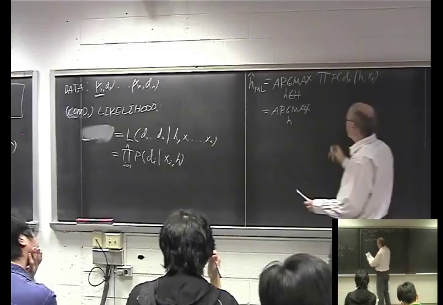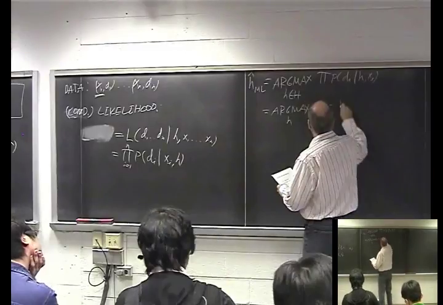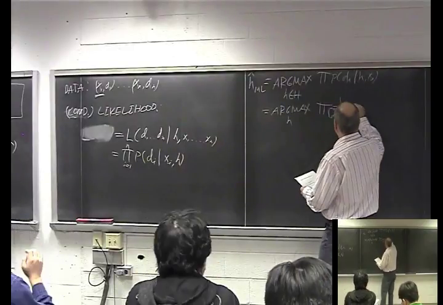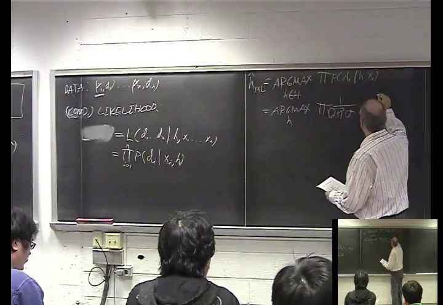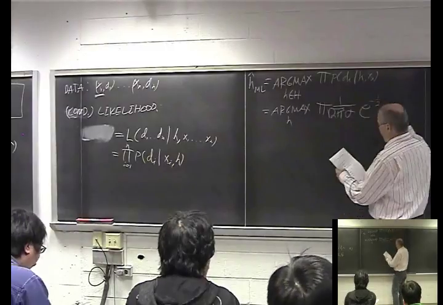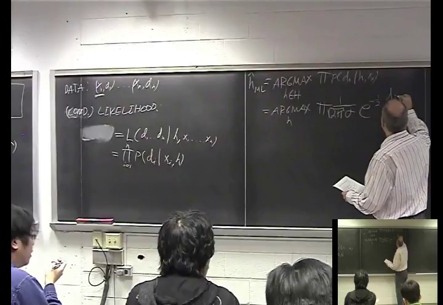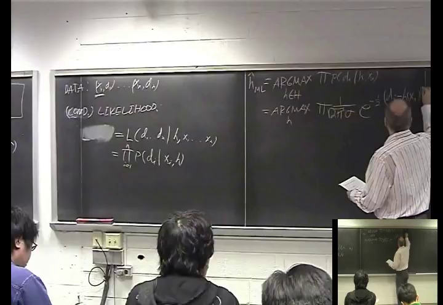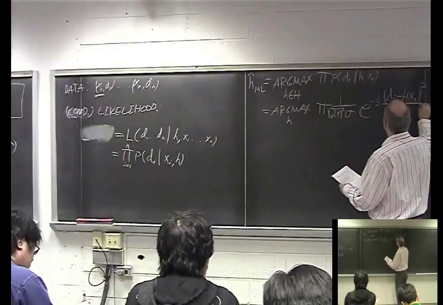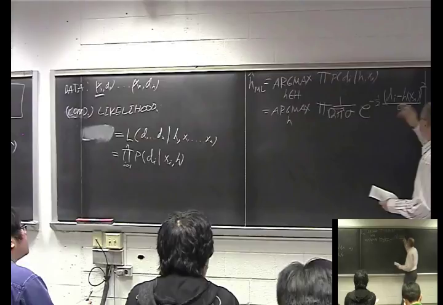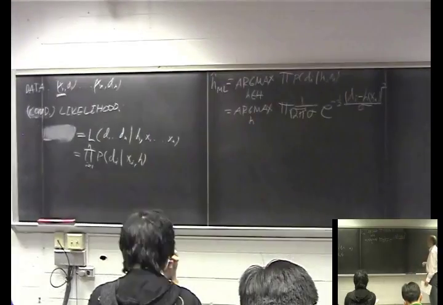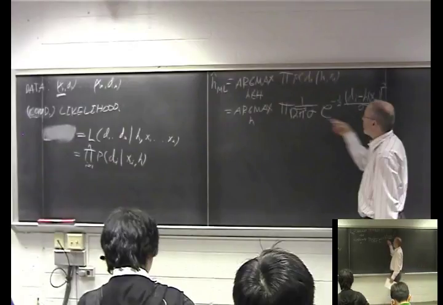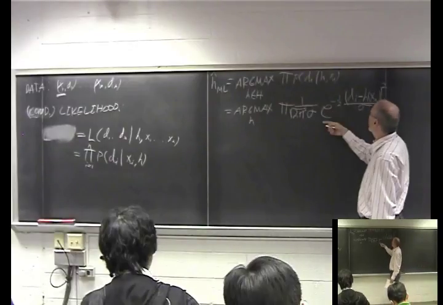So that would be the product of the Gaussian form, 2 pi sigma times e to the negative half di minus h of xi squared divided by sigma. I like to put 2 sigma at the bottom, but okay?